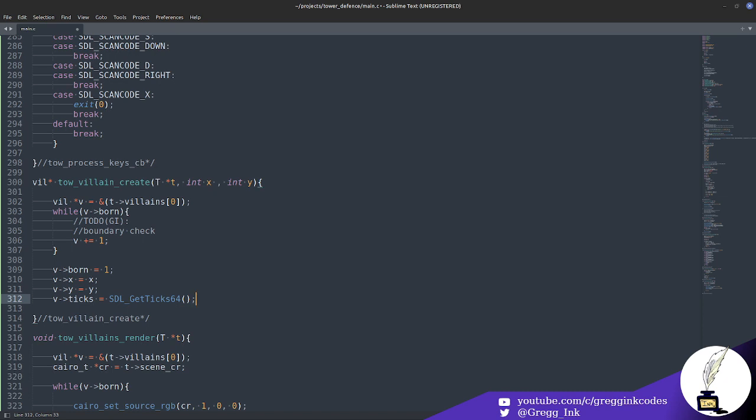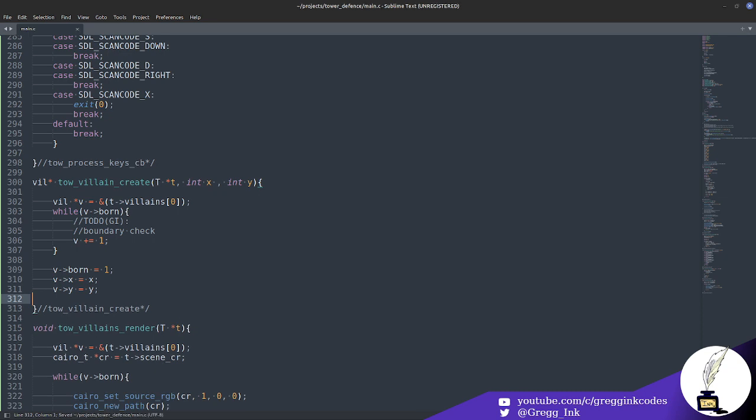But I don't want to put it there. And the reason I don't want to put it there is because I want to allow for the possibility where I create a villain and then the villain doesn't really get started doing stuff that very second. That may be, for whatever reason, kind of behind the curtain, ready, waiting, and only later it actually begins the process. So I'm not going to put it there.